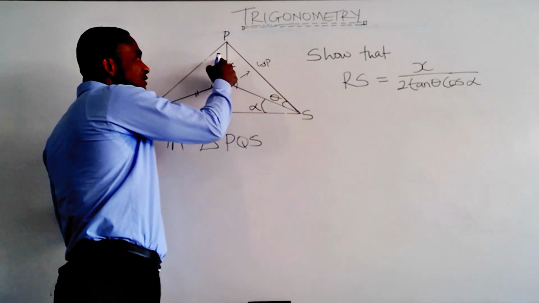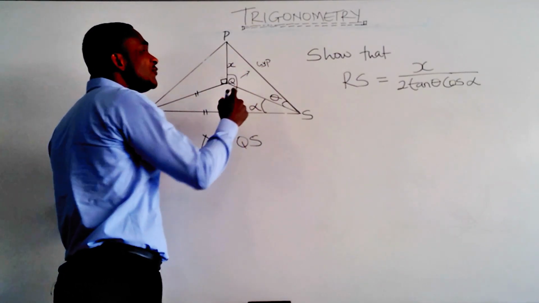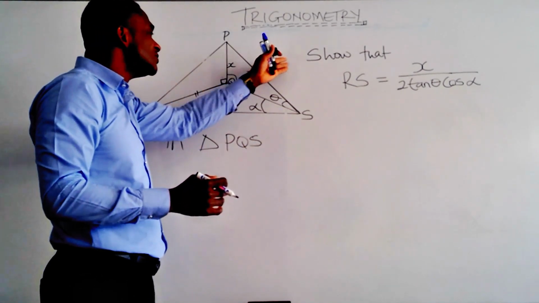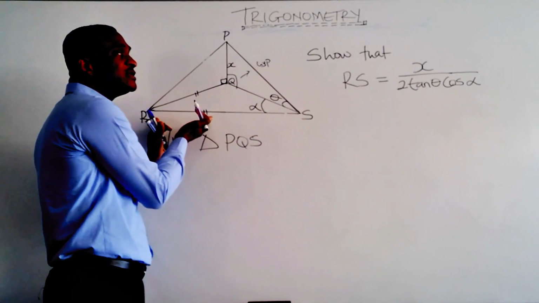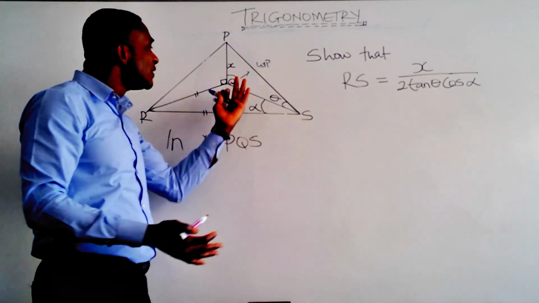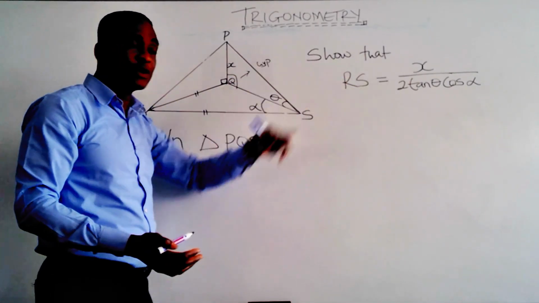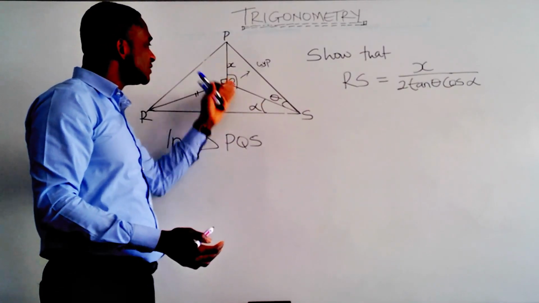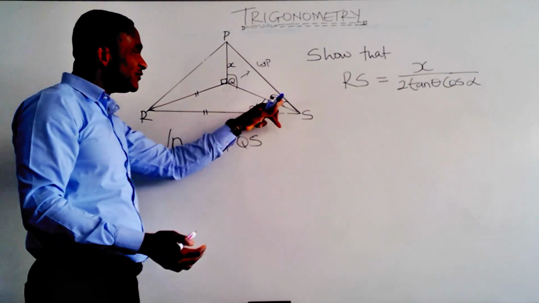Then this is opposite over adjacent. So if we are working with two sides, why did we choose adjacent instead of hypotenuse? Because we want to work closer to RS. So choosing hypotenuse makes no meaning for us. So we start working closer to our goal, towards this triangle. So we choose opposite over adjacent of the angle.